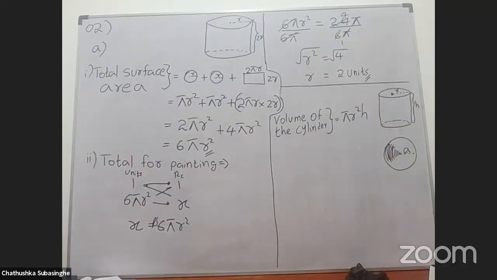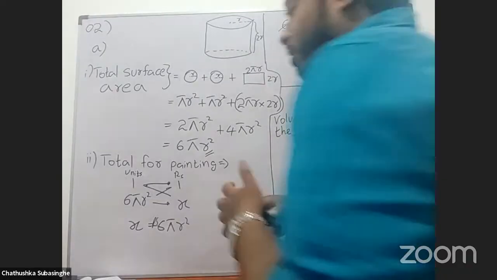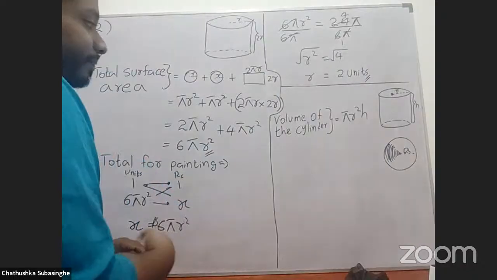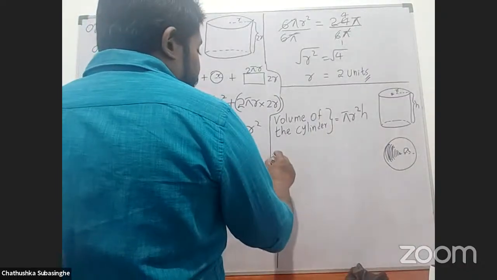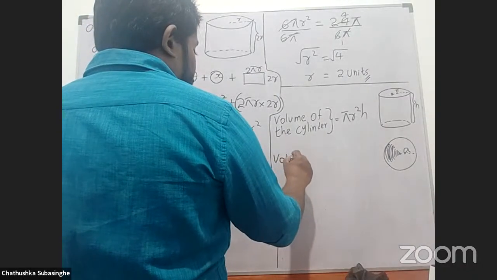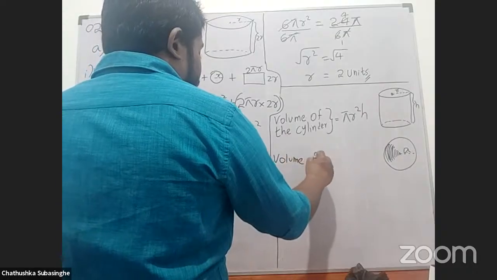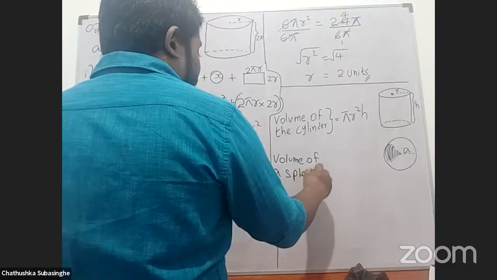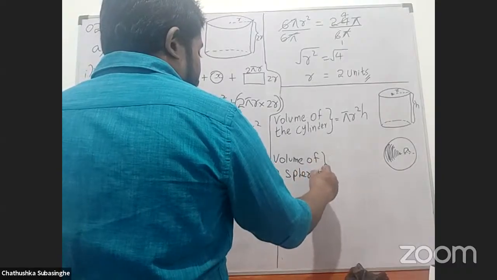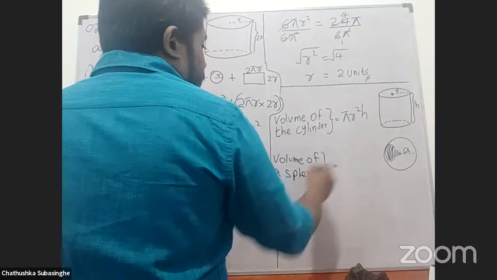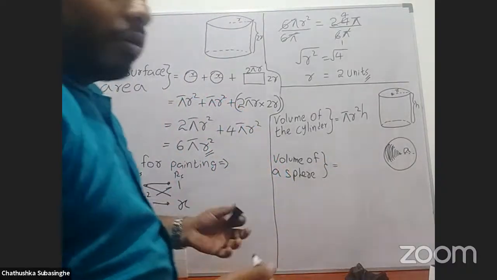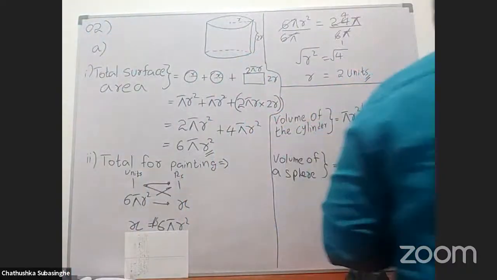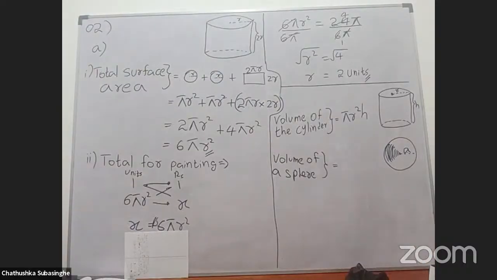This is the equation for the volume of a cylinder, right? This is how you find the volume of a cylinder, and this is the equation that they have mentioned in your textbook also. Then let's go to the sphere. Volume of a sphere. Now a sphere is not a uniformly distributed object, so you can't use your general knowledge to solve it.